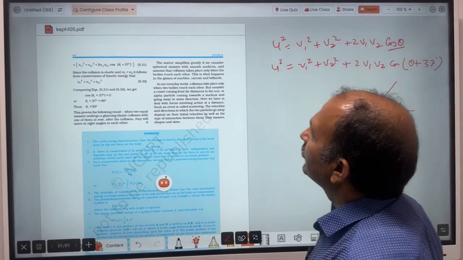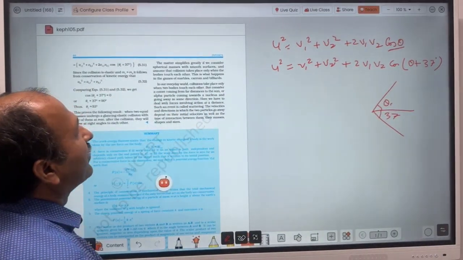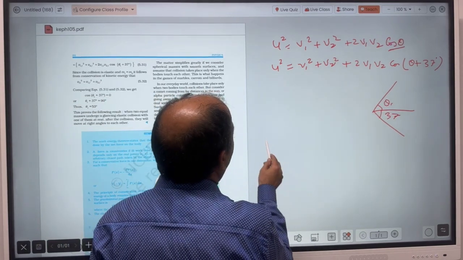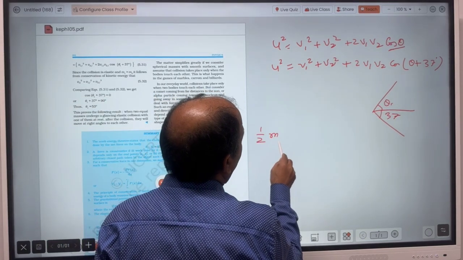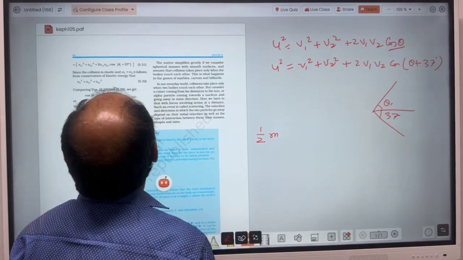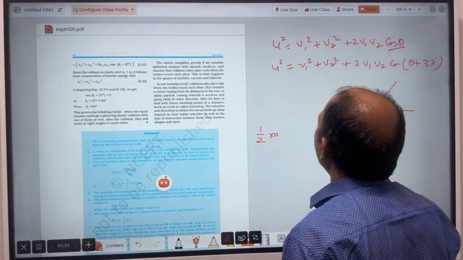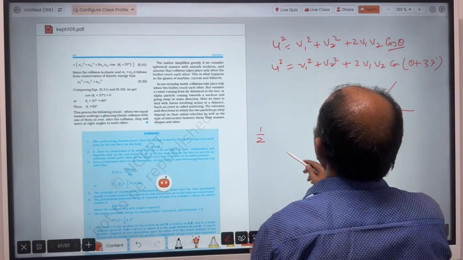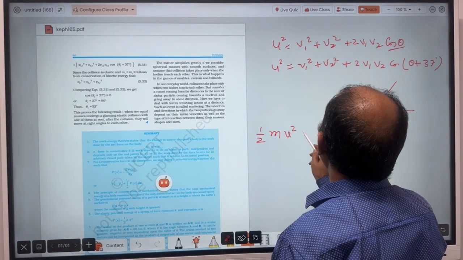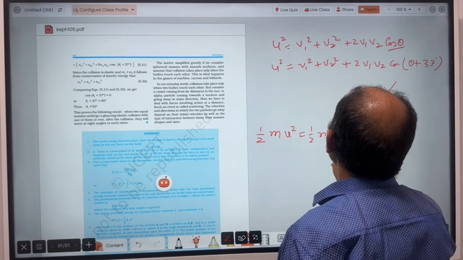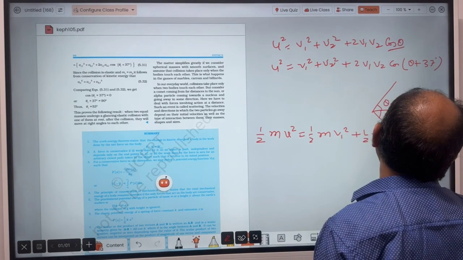Now if we consider kinetic energy, both masses are the same, so the 1 by 2 m will cancel out. If we write it, u square equal to 1 by 2 m v1 square plus 1 by 2 m v2 square.